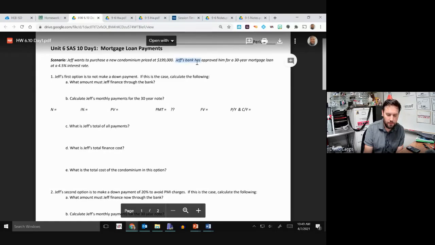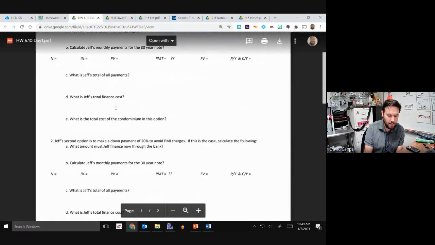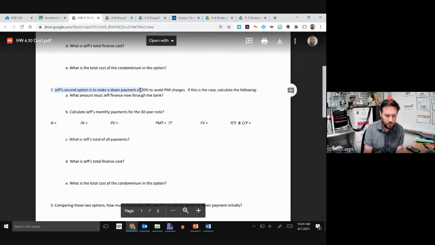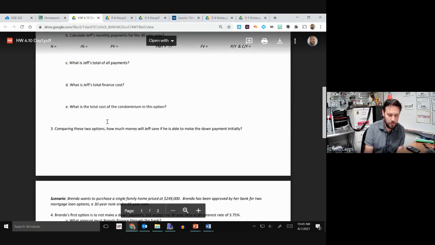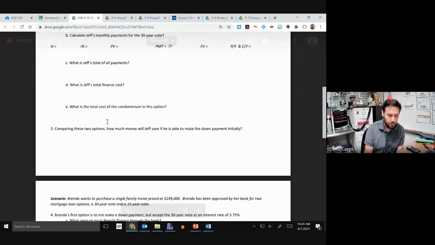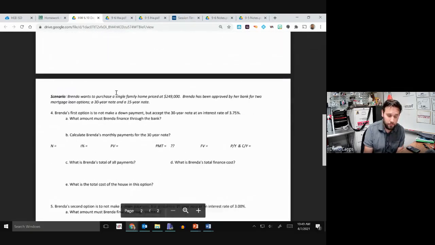Jeff's bank has approved him for a 30-year mortgage loan at a 4.5% interest rate. Jeff's first option is not to make a down payment. Let's calculate that. Jeff's second option is to put 20% down, just like we did in our notes, and I want you to calculate that.